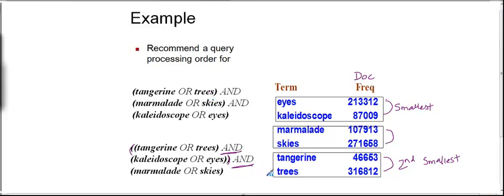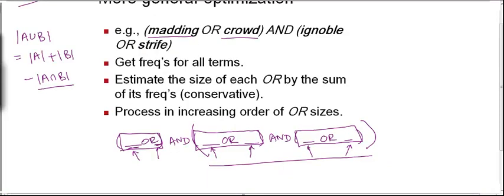So the real benefit is the same that we saw last time, which is we want to minimize, as far as possible, the size of the intermediate results, because the intermediate results are going to be used for further operations.